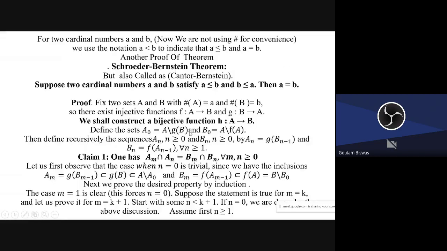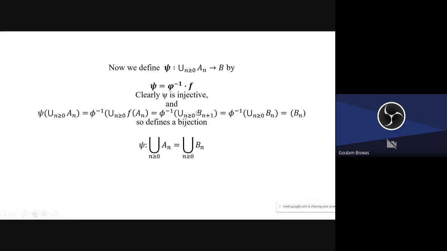What is that? FAN is BN plus 1, one unit higher, and this is nothing but phi inverse of Bn plus 1. Is Bn, and phi inverse, so it will go to phi.